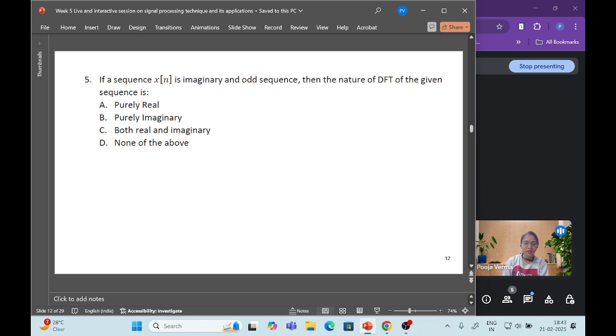So which option can be the correct one? Can you answer this question? Please answer at least in the chat box.